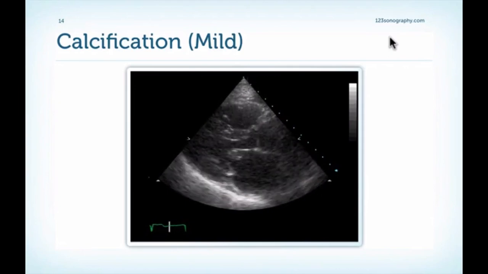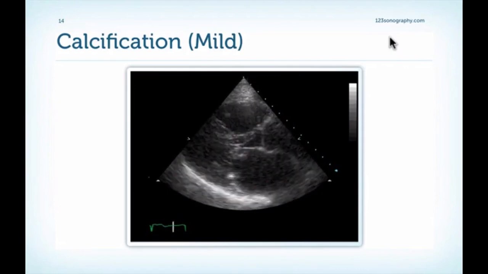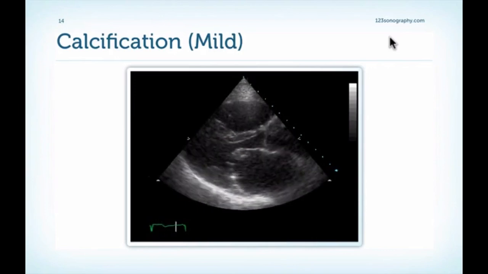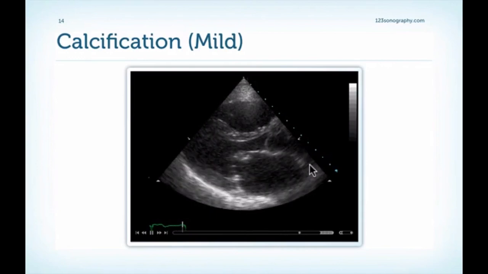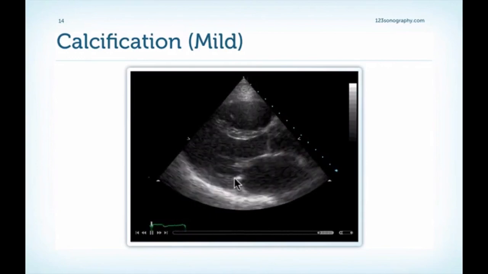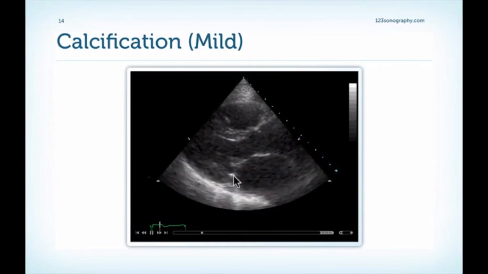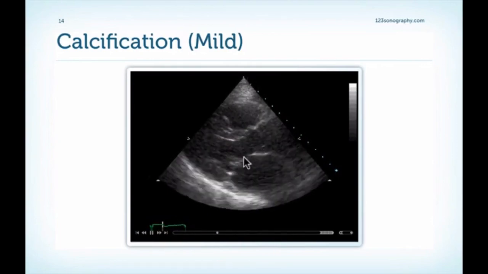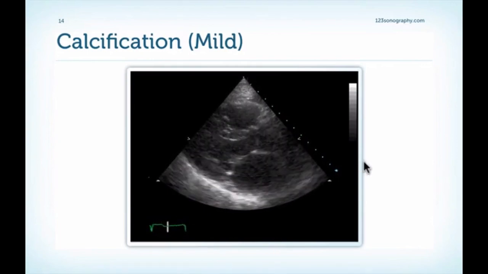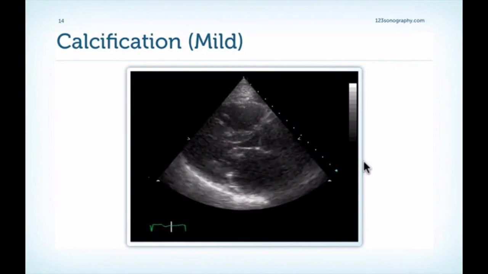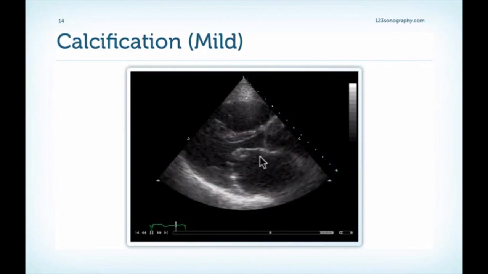Calcification in the commissural region seems to be a very important and negative predictive factor for the successful outcome of valvuloplasty. But here is the parasternal long axis view in a patient, and what you nicely see here is a small area of calcification here and here. So not very much calcification, but still more than none. So I would grade this as 2.